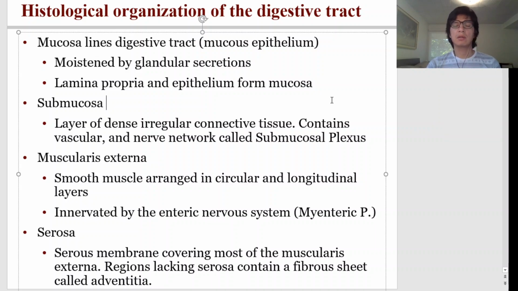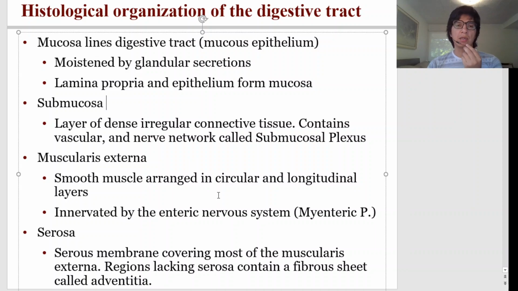This is important considering that these glands are usually there to prepare the digestive system for the passage of food. So we need that innervation from the autonomic nervous system, allowing these glands to prepare the lumen of the digestive system for the incoming bolus of food or the incoming chyme.